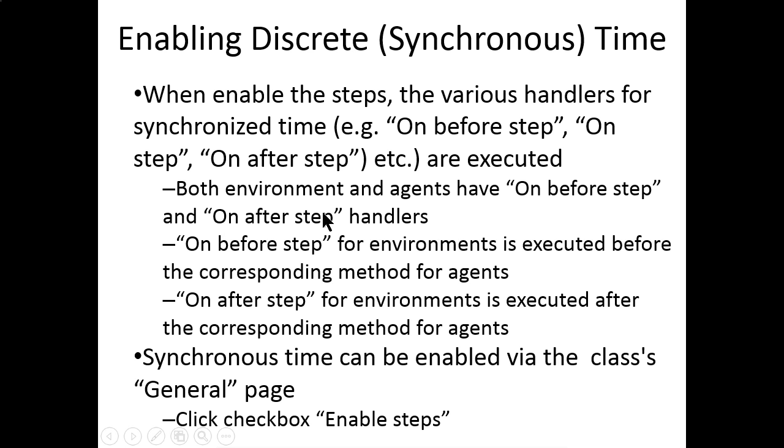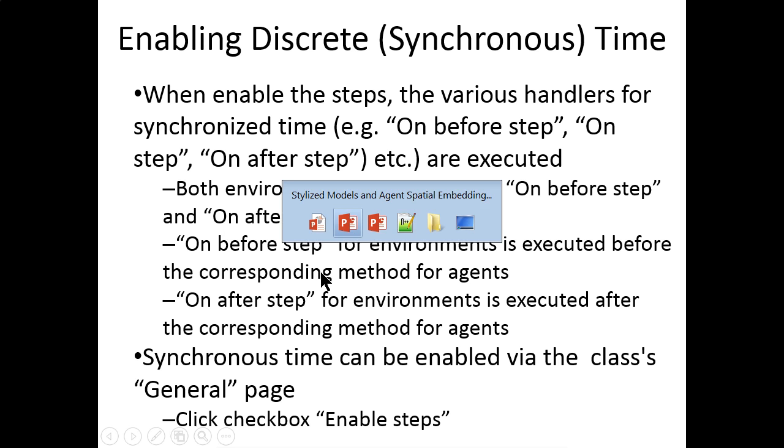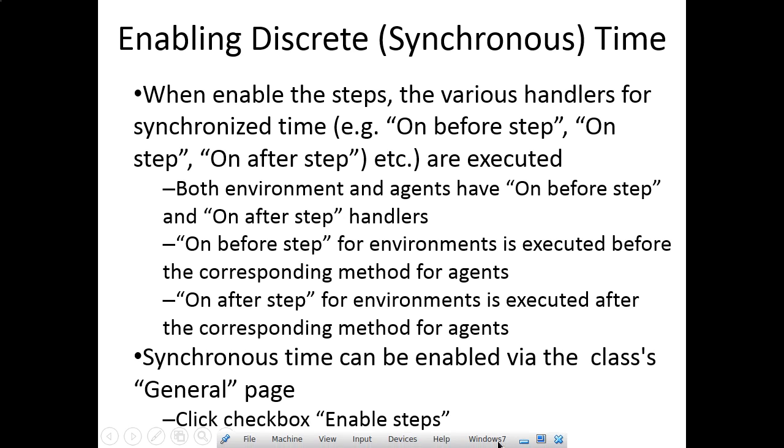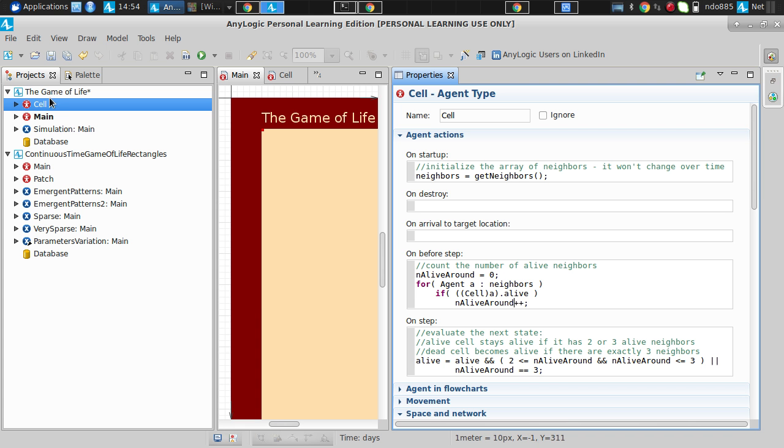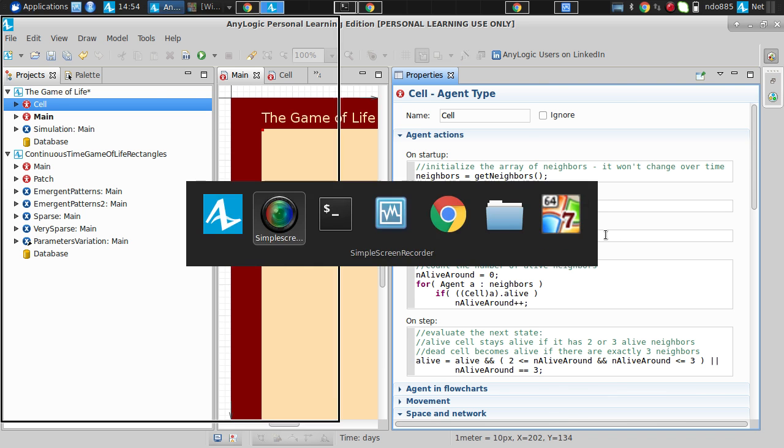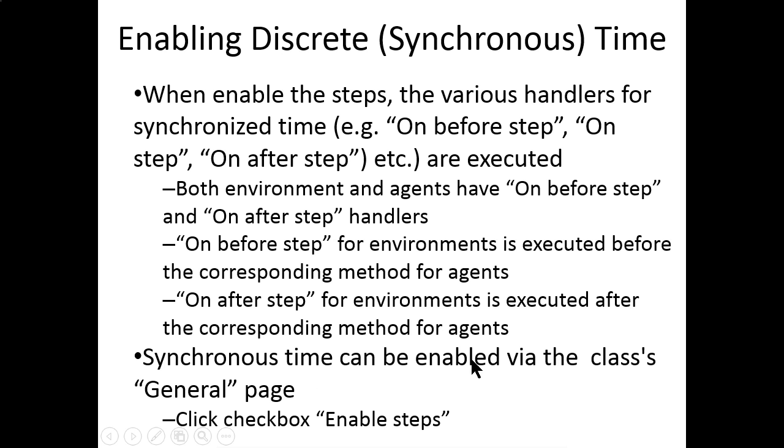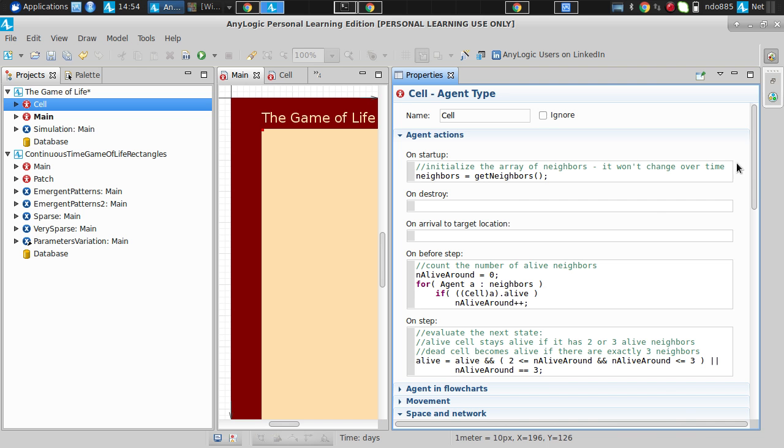So I noted that in AnyLogic, you can set whether you're going to use steps or not. You'll notice here that in this case we've actually updated the steps, so we're updating using handlers for the steps that are explicitly being handled here. In general, if you go to a class's page, you can enable steps to be handled for that class.